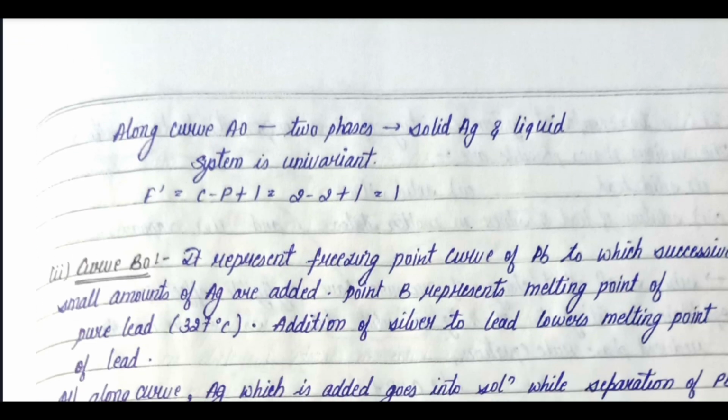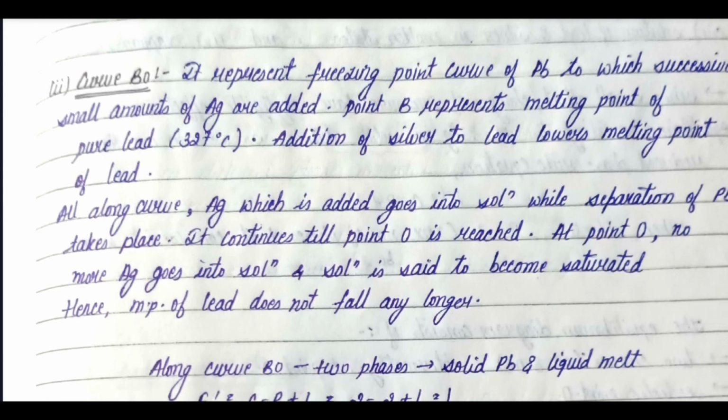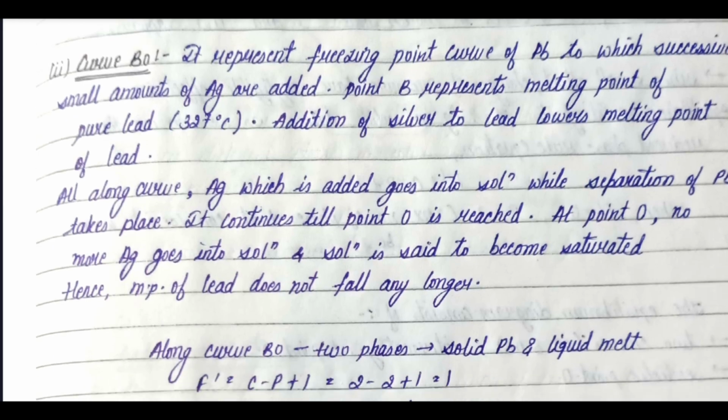All along curve OA, two phases, solid Ag and liquid, are present. System is univariant, that is F dash is equal to 1. Second, curve BO. It represents freezing point curve of Pb to which successive amounts of Ag are added. Point B represents melting point of pure lead. Addition of silver to lead lowers melting point of lead.